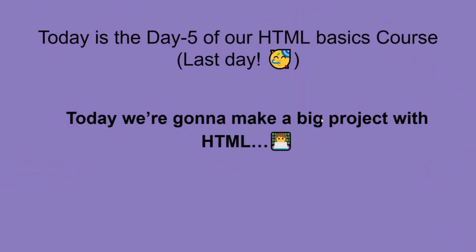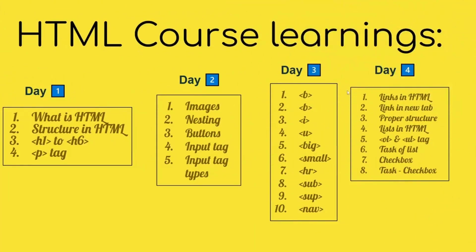Today we are going to make the big project. Firstly, I am showing you what we have learned in day 1, day 2, day 3 and day 4. In day 1 we learned about what HTML is, structure in HTML, h1 to h6 tags and then the p tag. In day 2 we learned about images, nesting, buttons, the input tag and input tag types.